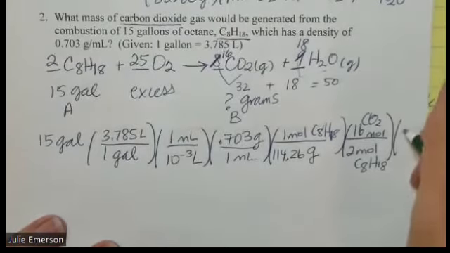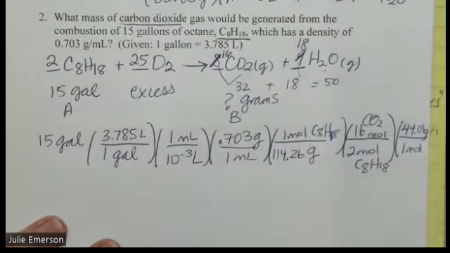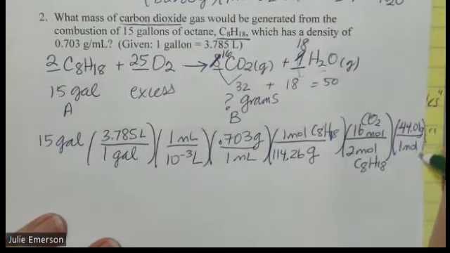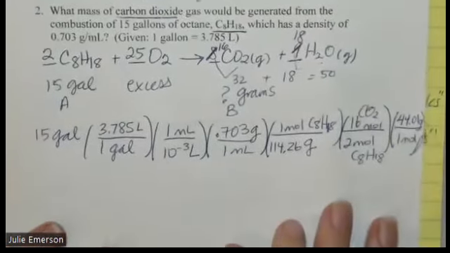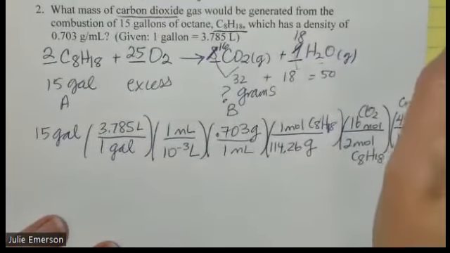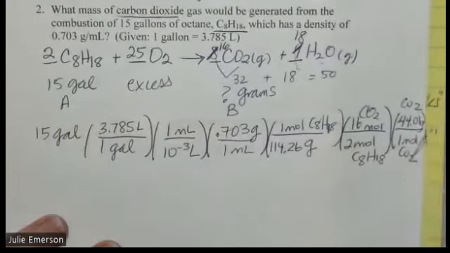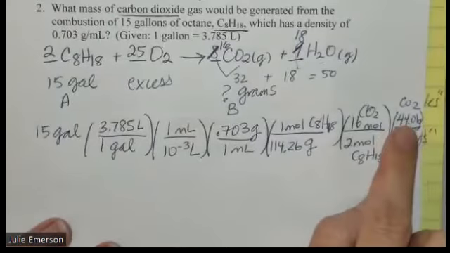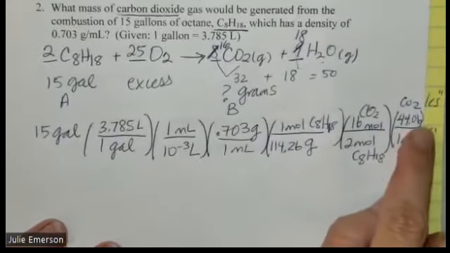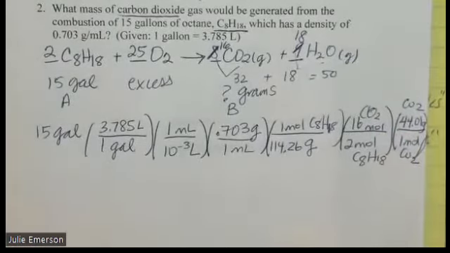So carbon dioxide, 2 oxygens is 32. A carbon is 12.01. So that's 44.01 grams per mole for the molar mass. This is for the CO2, so 44.01 grams per 1 mole of CO2.